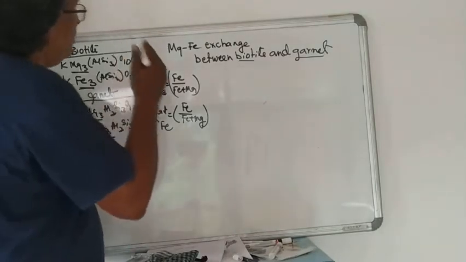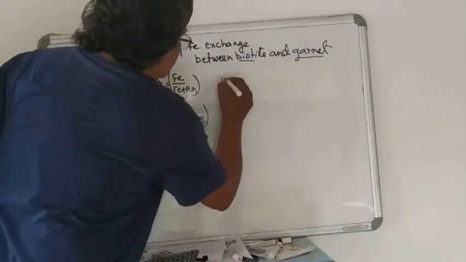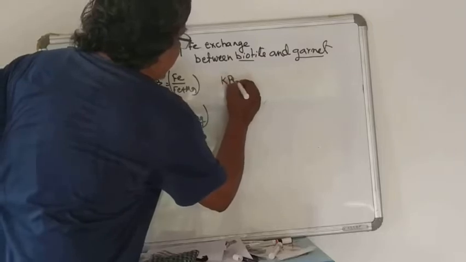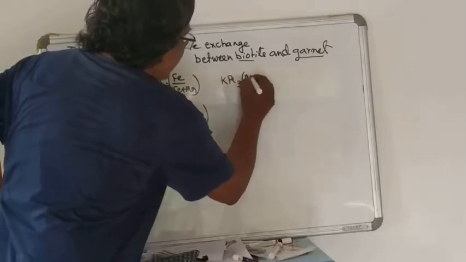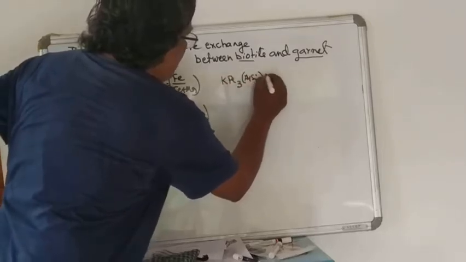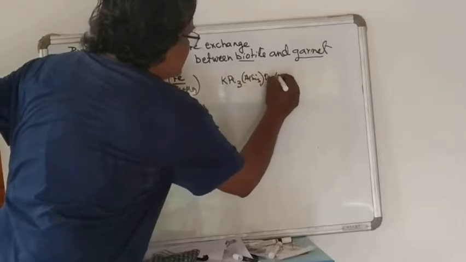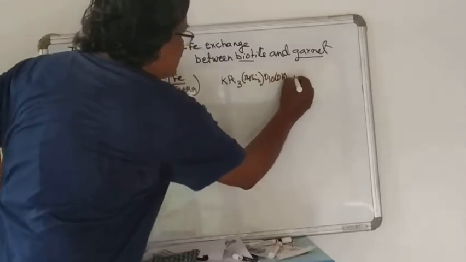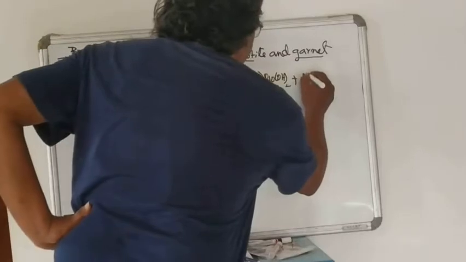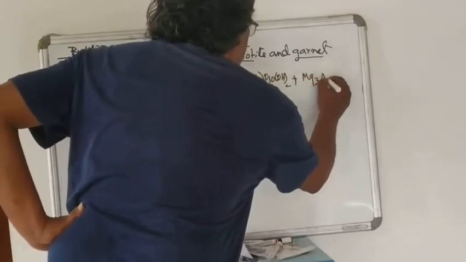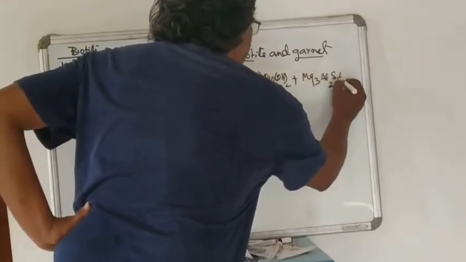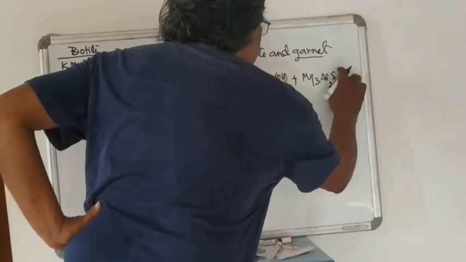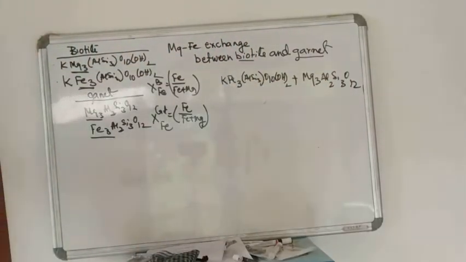Now, we can write a reaction of this type. Say, K Fe3 Al Si3 O10 (OH)2 plus Mg3 Al2 Si3 O12. Have you understood?